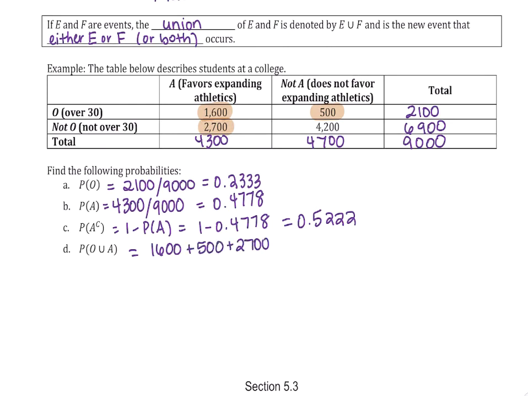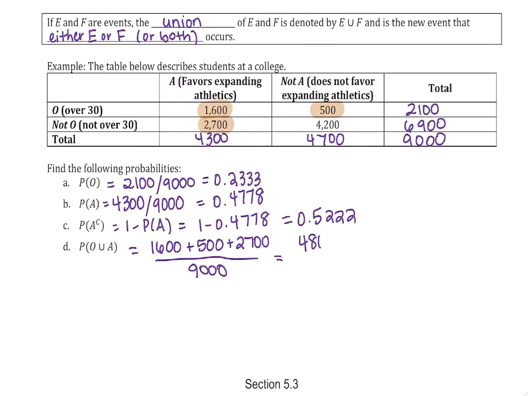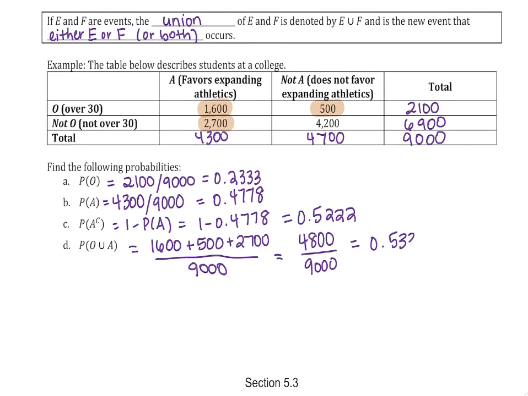And notice I'm just doing the three numbers that I highlighted, and then dividing that by the total 9,000. So I'm going to add up the numerator first. So it's 4,800 over 9,000, and that is approximately 0.533.